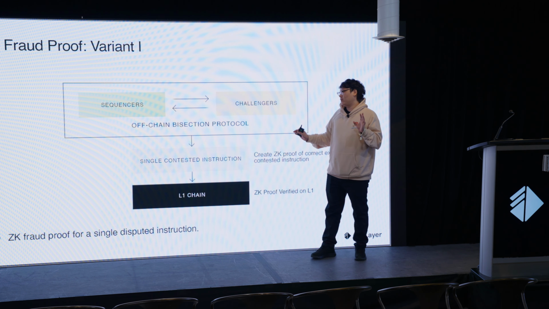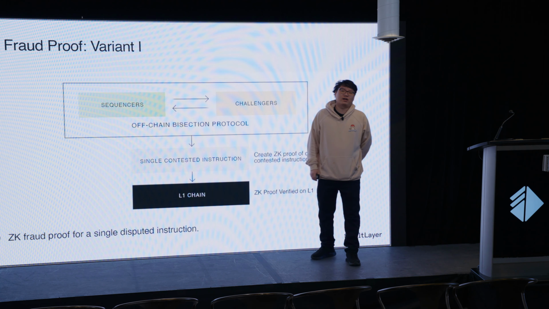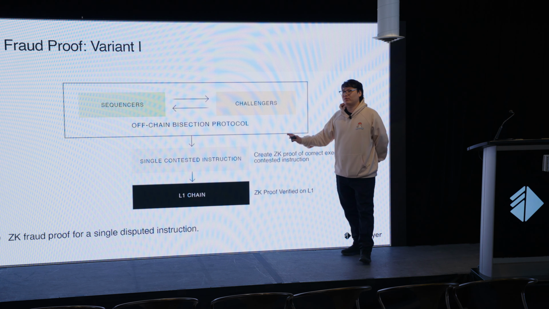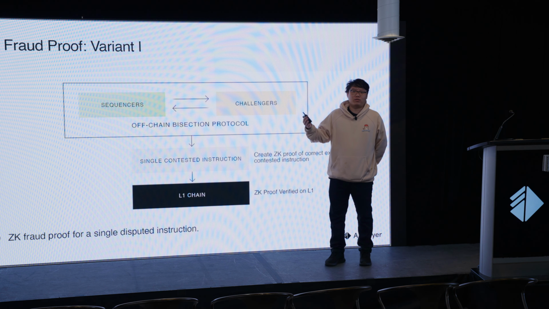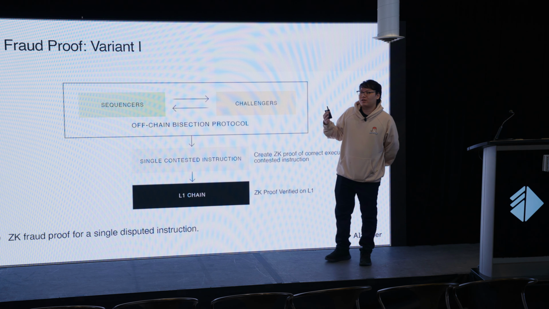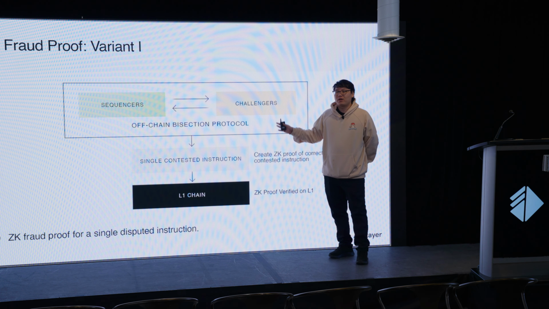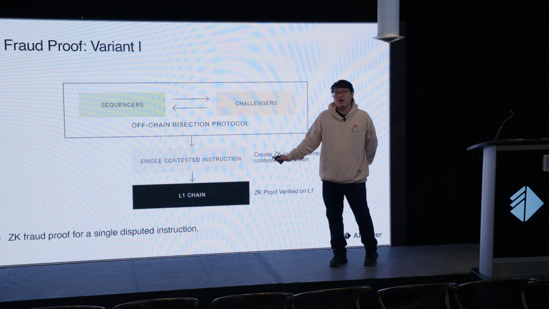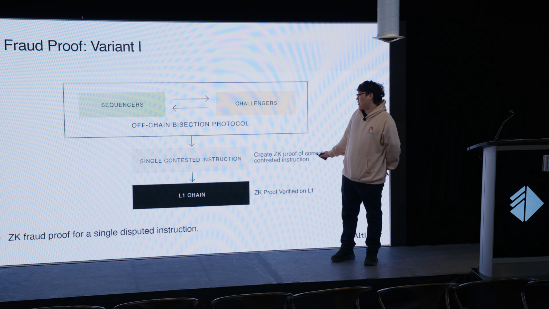At the instruction level, okay, what kind of instruction is doing wrong? And then we can generate a ZK proof for this instruction and put it onto L1 Ethereum to do the verification. So as you can see, we still leverage most of the fraud proof system, but we generate the ZK proof just for the one instruction.